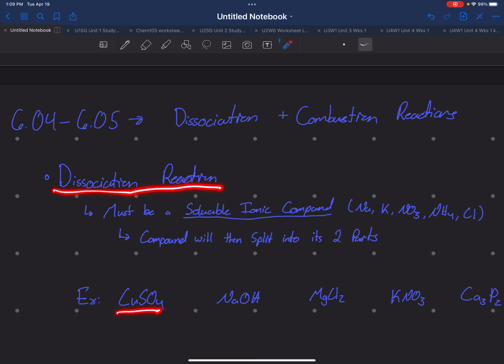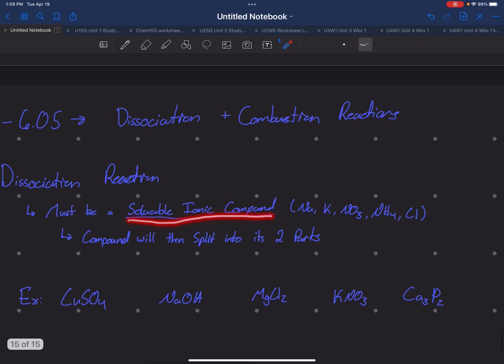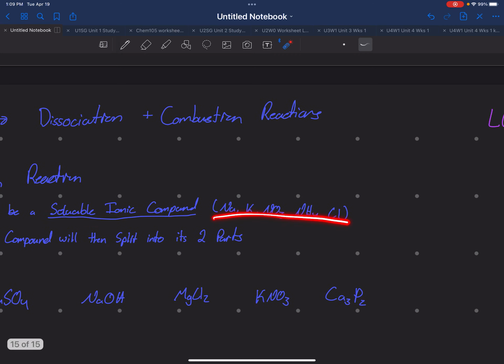And you'll be Gucci. But okay, let's start with dissociation. It has to be a soluble ionic compound, meaning it has any of these elements in it, right?